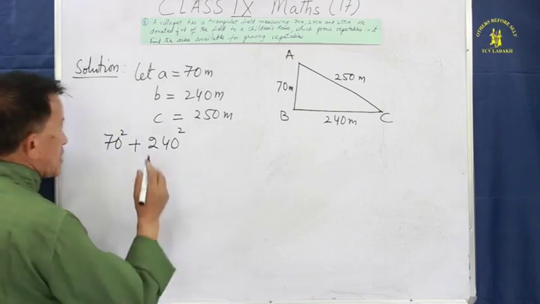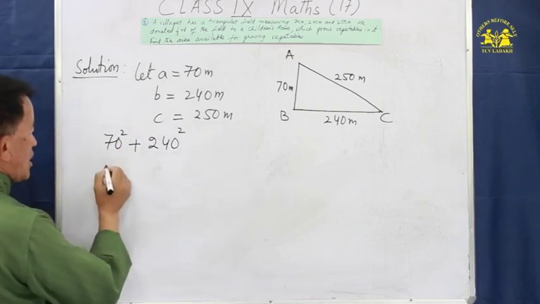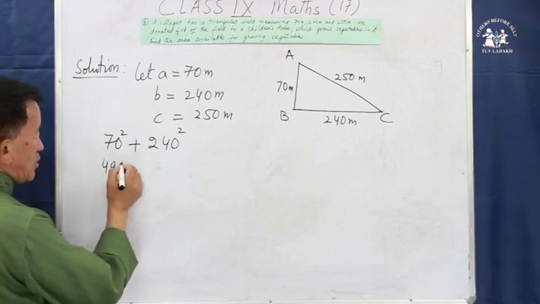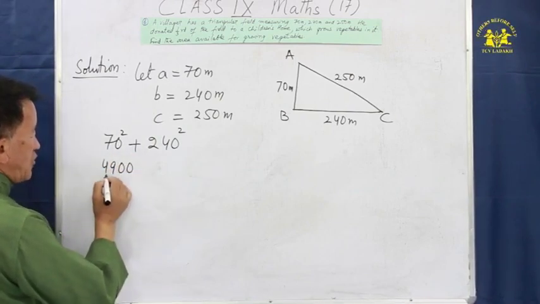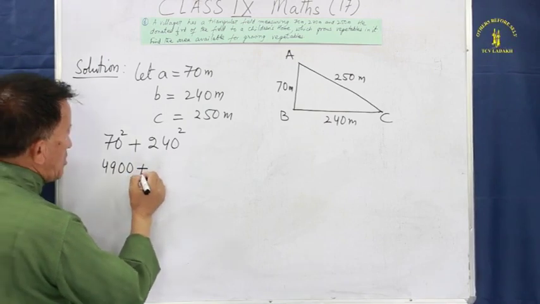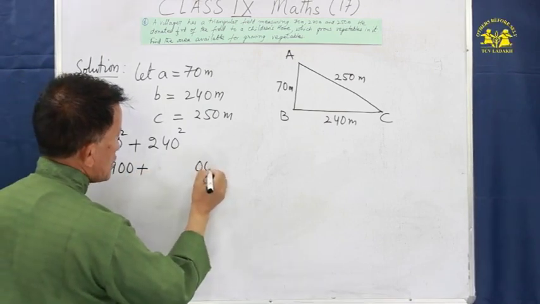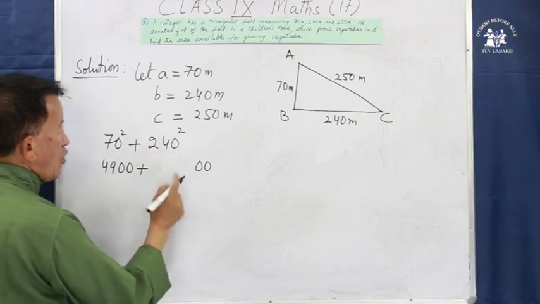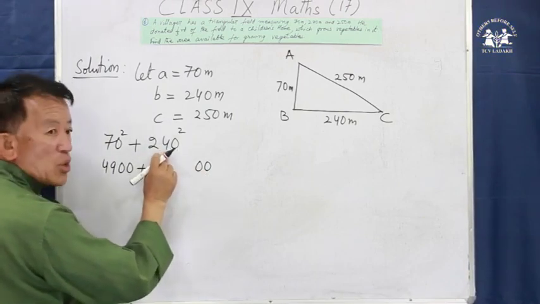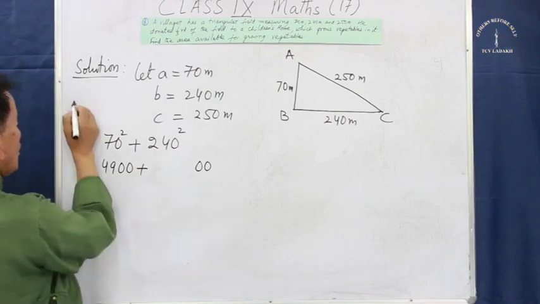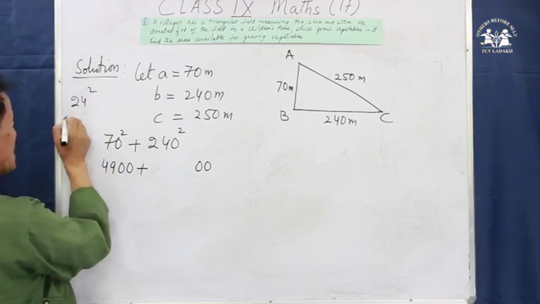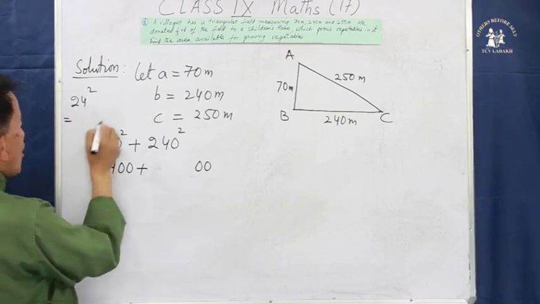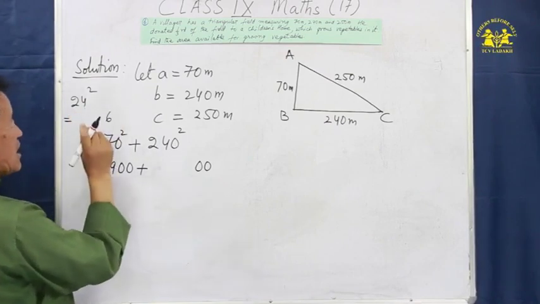Okay, so let's check. 70 square: 7 sevens are 49. When you square, you double the zeros. So this is 4,900, plus 240 squared; since the ending digit is 0, we shall write a 0. The short way of squaring 24 is: square the units digit. 4 4s are 16, carry 1.